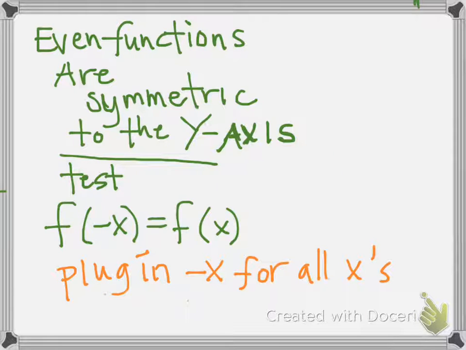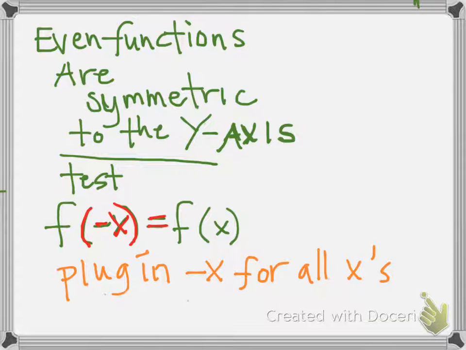Even functions are symmetric to the y-axis. Symmetric means they are equal on both sides of the y-axis. Here's a test for even functions. You plug in a negative x.